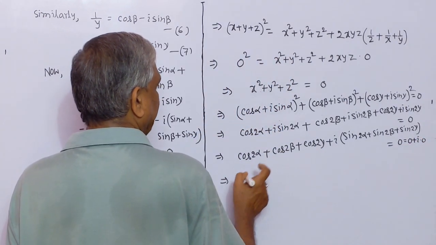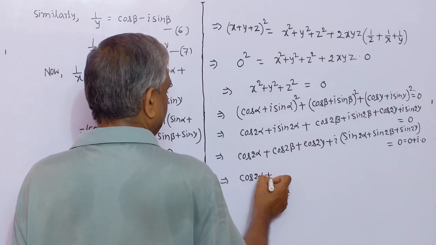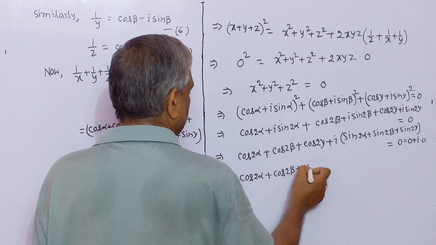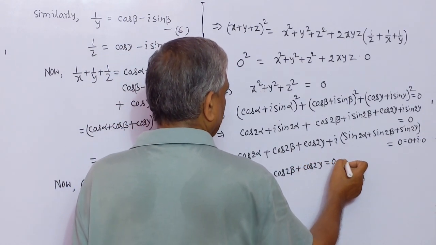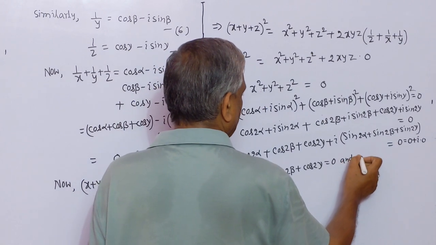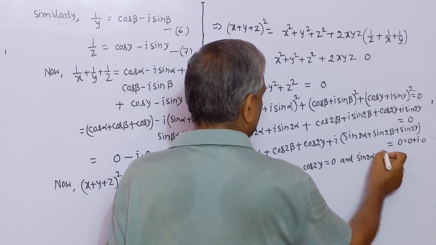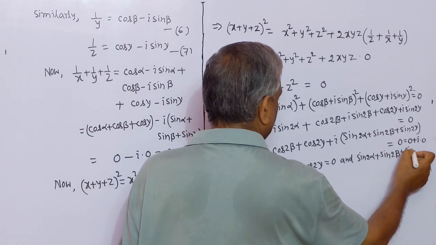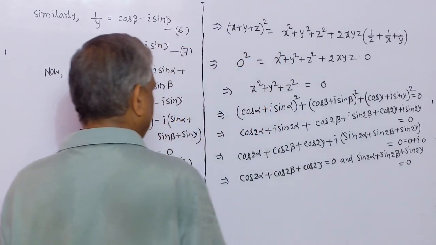Equating real and imaginary parts, we get cos 2 alpha plus cos 2 beta plus cos 2 gamma equal to 0 and sin 2 alpha plus sin 2 beta plus sin 2 gamma equal to 0.